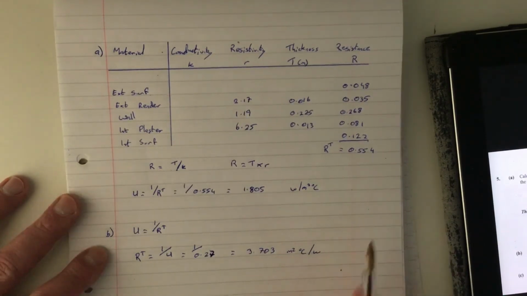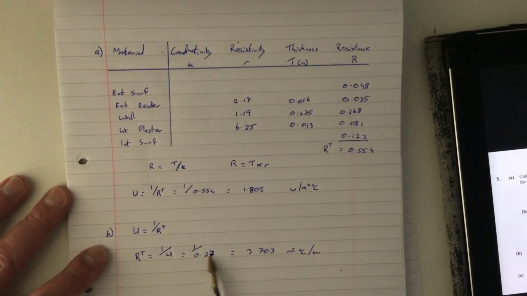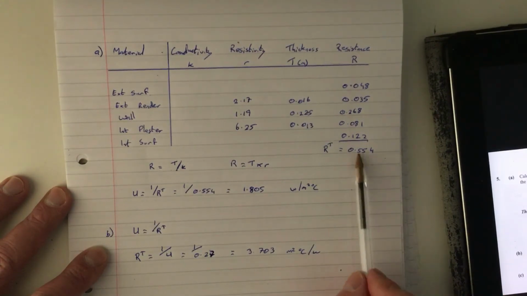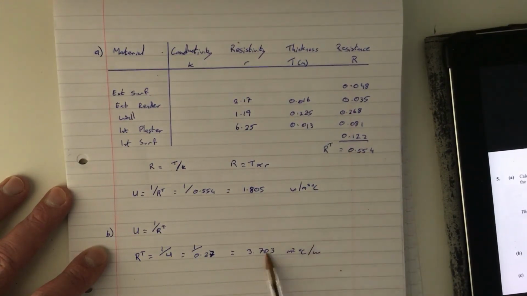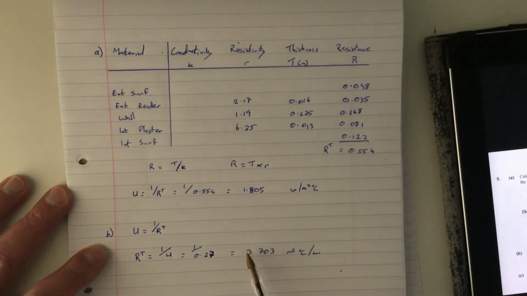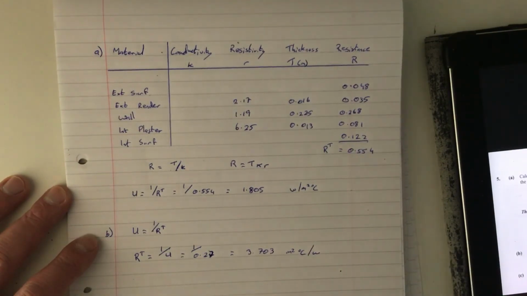Now, I know that my new U value has a total resistance of 3.7. My old one has this. So I'm going to just take these two numbers away, and that's going to give me the resistance for the new insulation.